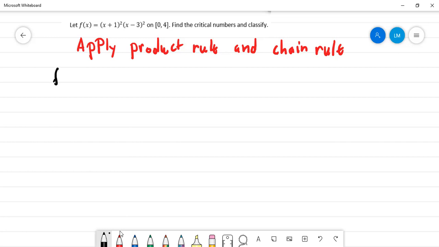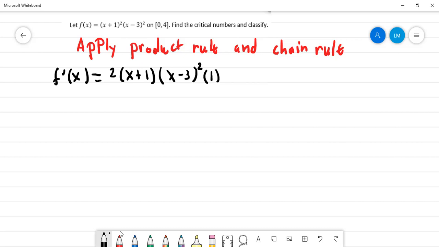So we have f prime of x equals, well, let's do 2 times x plus 1 multiplied by x minus 3 squared. Now note that I need to multiply by 1 because the derivative of x plus 1 is just 1. If you want to tag that on there, you can.